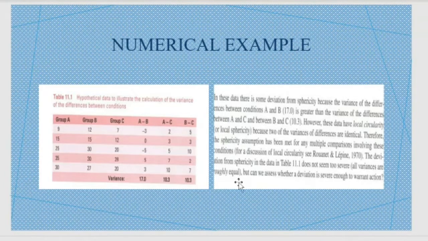So we can say this group has violated the assumption of sphericity, but here we can see they fulfill the assumption of sphericity. This is called local sphericity or local circularity. Is it clear?